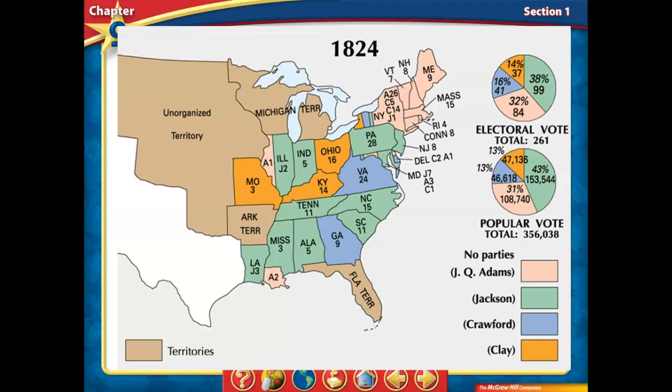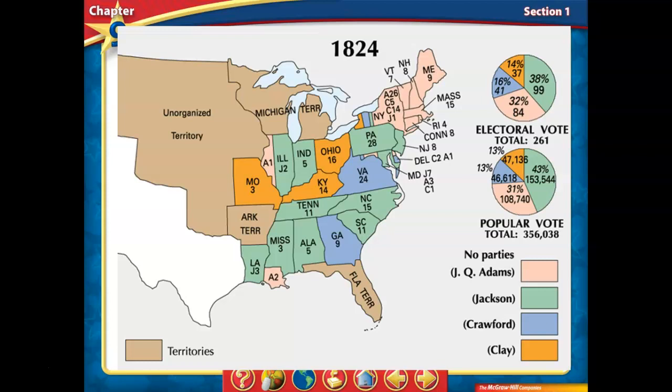So what happens in this election is it's contested. There isn't a winner in the Electoral College. So you'll note here, by looking at the key, that Andrew Jackson had 38% of the electoral votes, or 99, and he needed to have over 50%. So today it's 270. That's why it's 270 to win. But because he doesn't have the requisite 50 plus 1, he is not going to be seen as the winner.